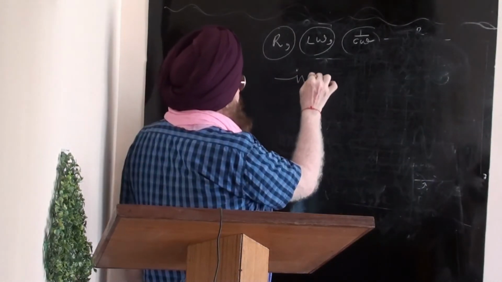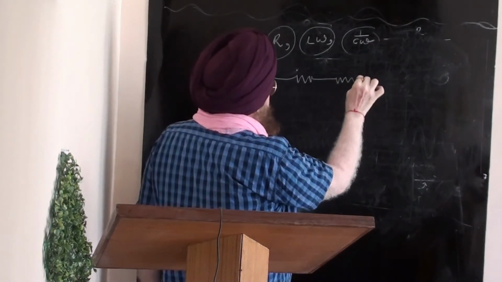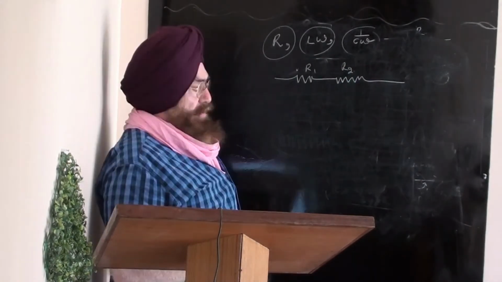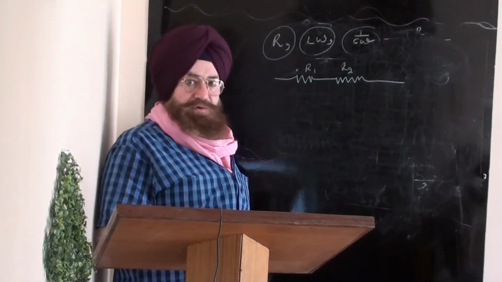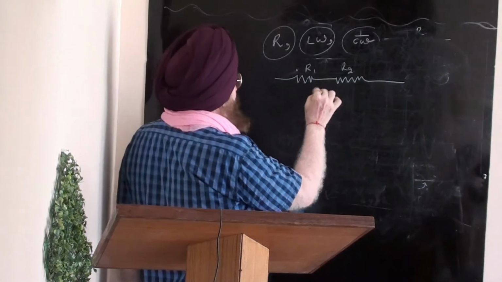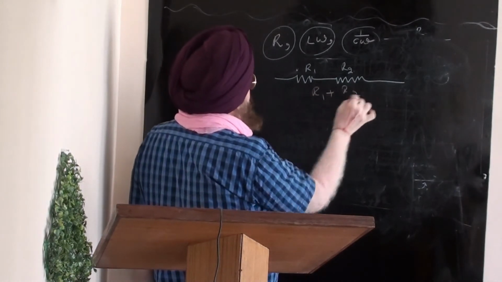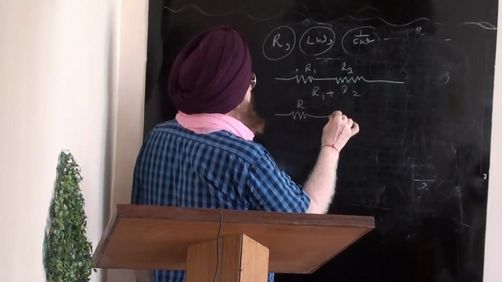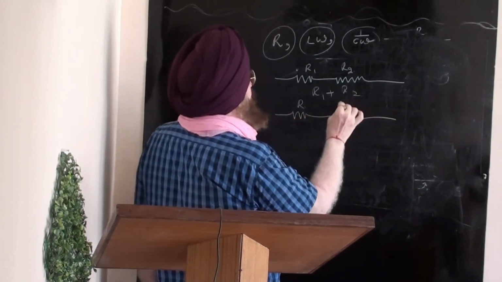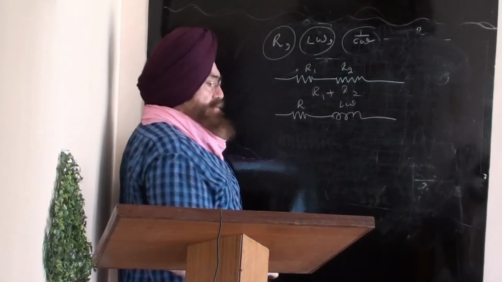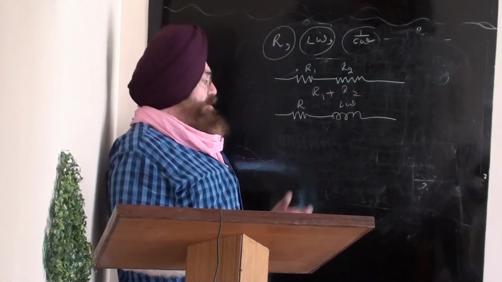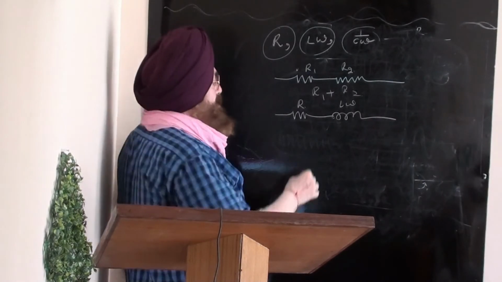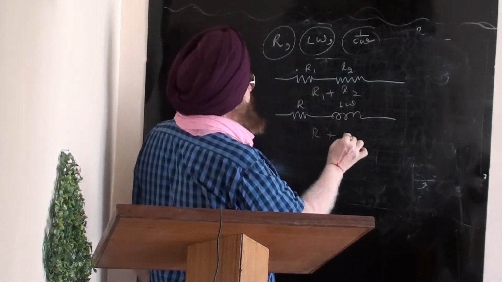So if you have two resistors, R1 and R2, and I ask you what is the total resistance, your answer will be R1 plus R2. Now if I have R and L omega in series, and I again ask what is the total reactance, you will say R plus L omega.